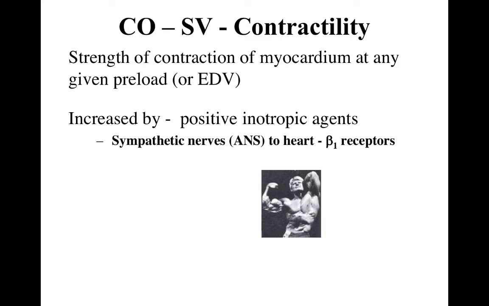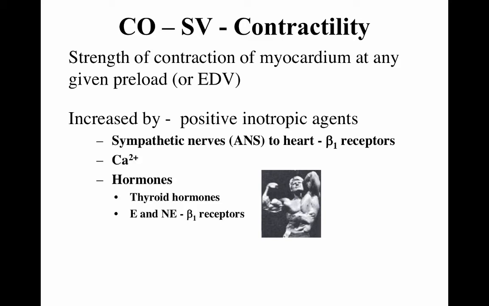Sympathetic nerves can do this, the autonomic nervous system leading to the heart with beta-1 receptors on the heart. Hormones like thyroid hormones, epinephrine and norepinephrine act on those beta-1 receptors. Digitalis, a plant extract, is also an external component that can increase contractility of cardiac muscle.